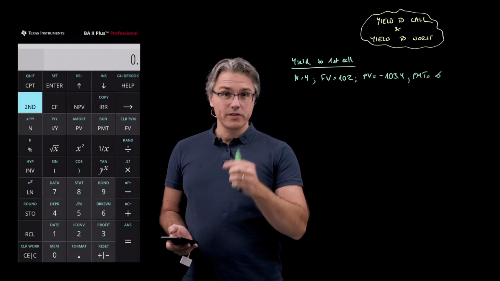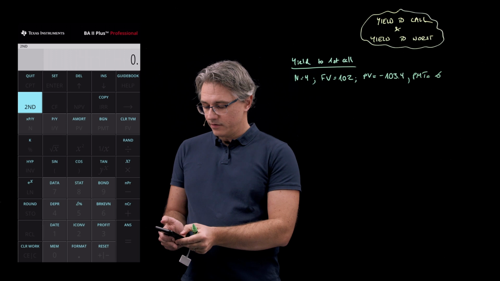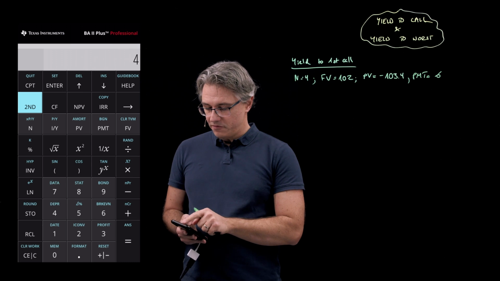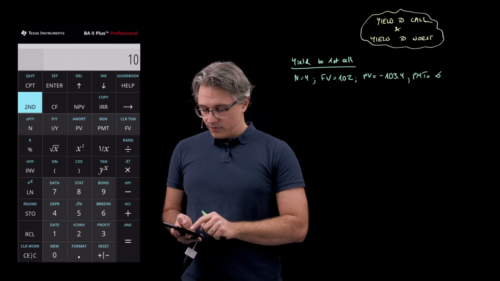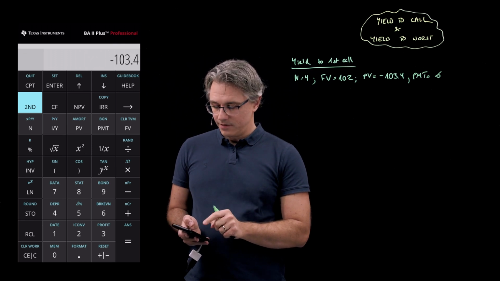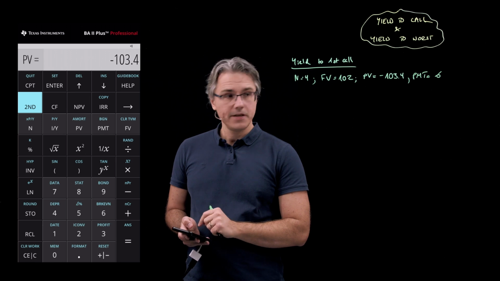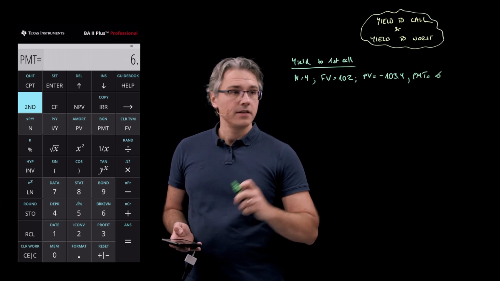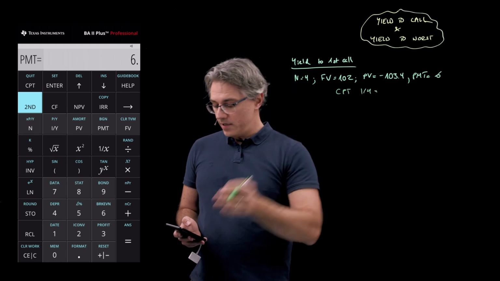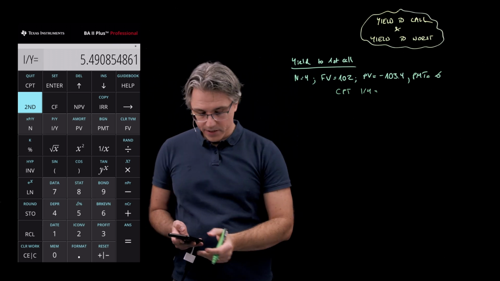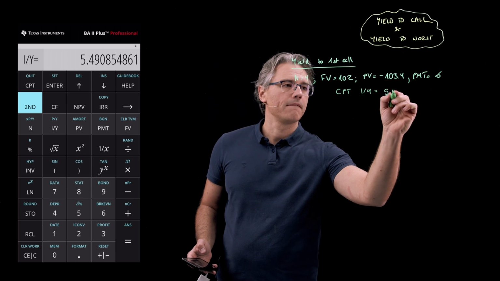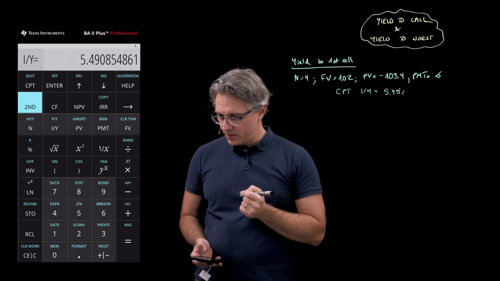I'm going to say, well, obviously, clear your time value of money worksheet, so second followed by FV, and now for N, I've got 4, for FV, I've got 102, negative 103.4 for PV, and 6 for PMT, and I'm computing, so CPT I over Y, and this gives 5.49%.